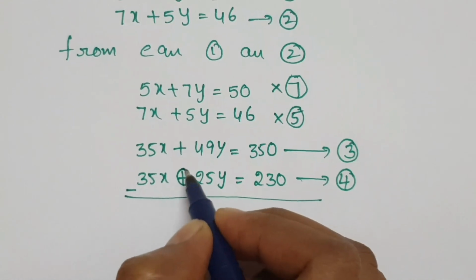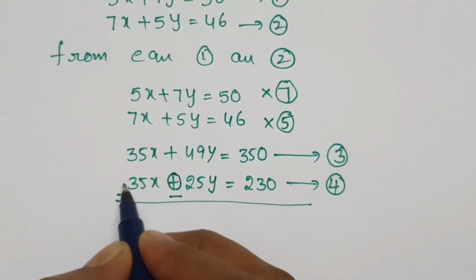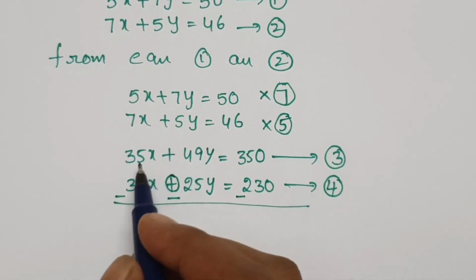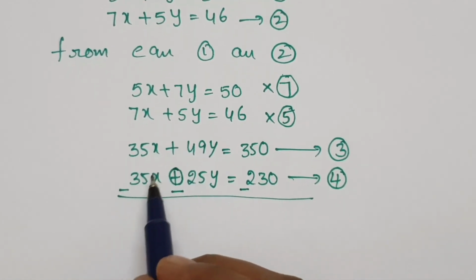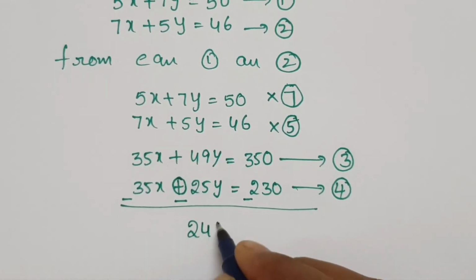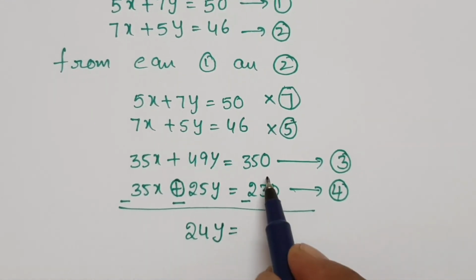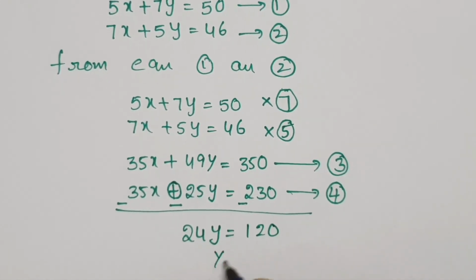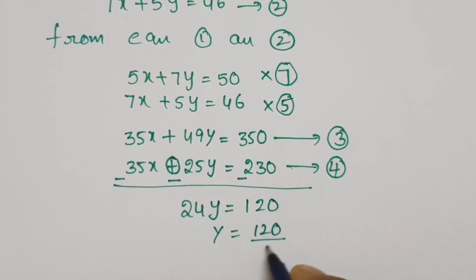Subtraction means changing the symbols of the second expression. Now plus 35 minus 35 get cancelled. 49 minus 25 will get 24. 24y equal to 350 minus 230 will get 120. Then y equal to 120 by 24.